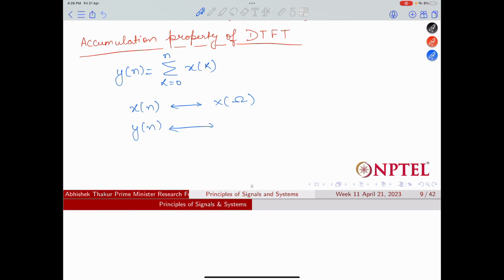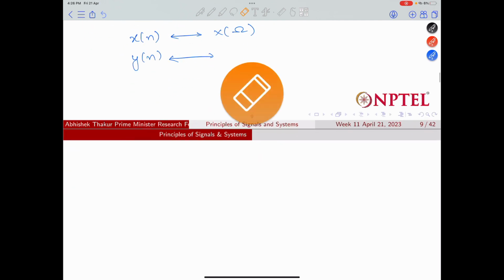So we can simply write y of n equal to the summation of x of k, here k is equal to 0 to n.